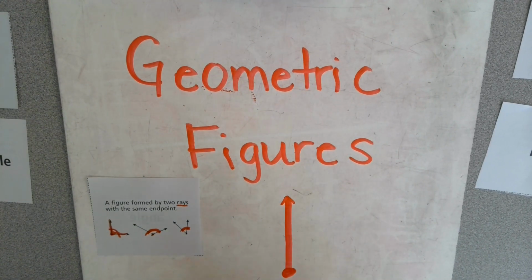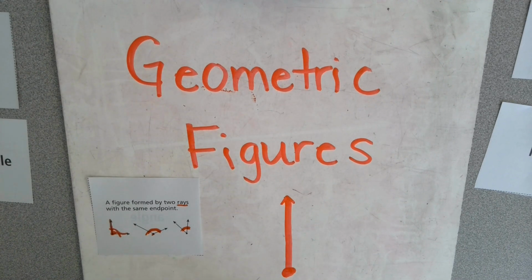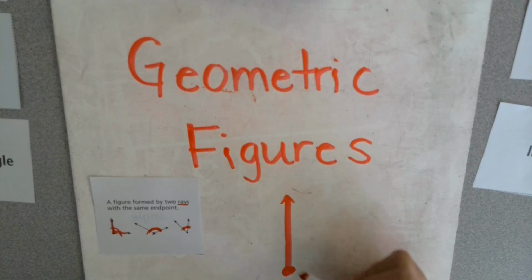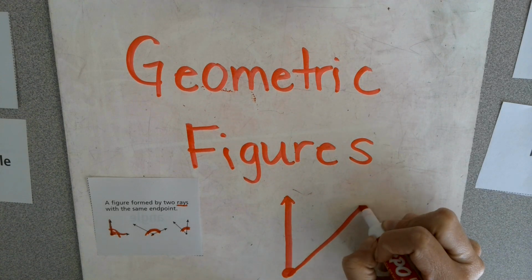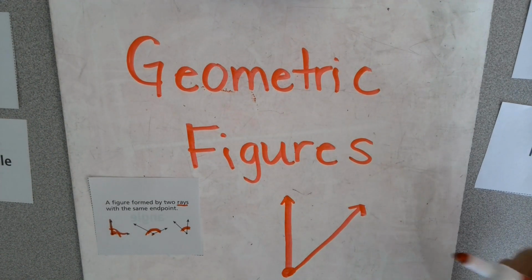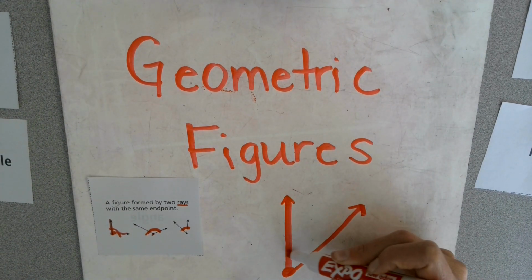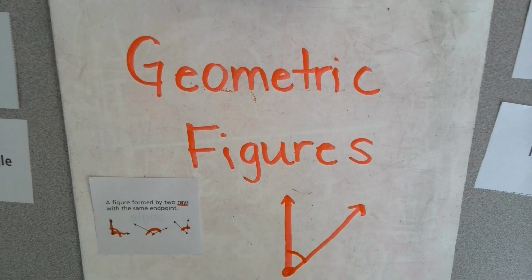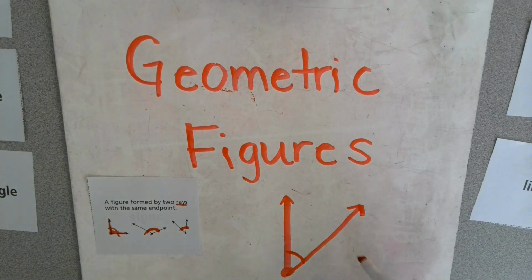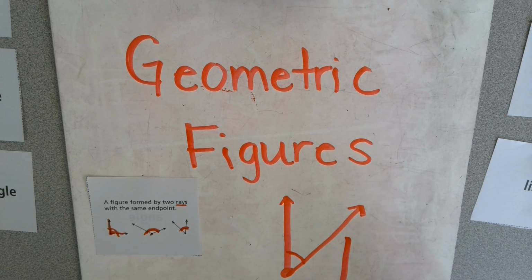Now, I need to have 2 rays in order to create an angle. So maybe I want my other ray coming out up here. This little part right there is going to be an angle. But I have different types of angles, which we are going to get to in a minute as well. So there's another angle. It's the space in between your 2 rays, where your 2 rays meet.